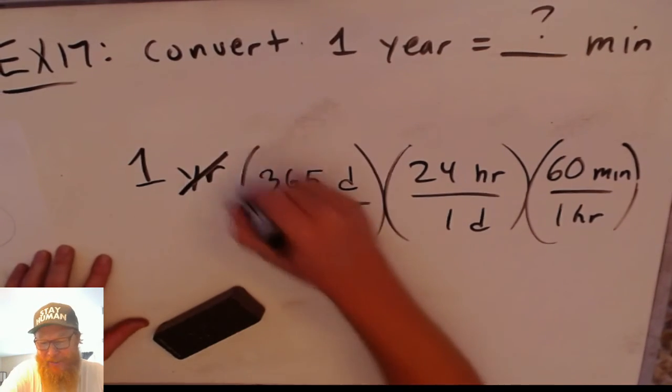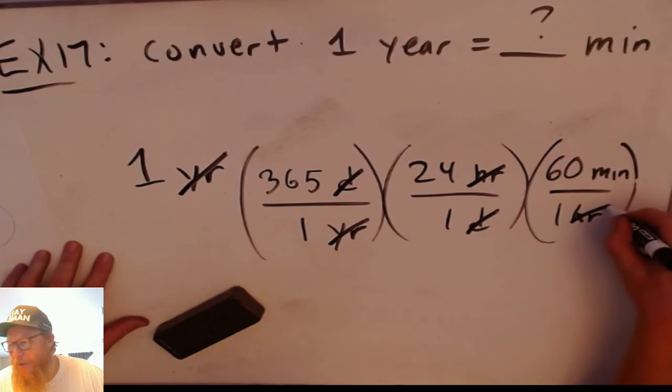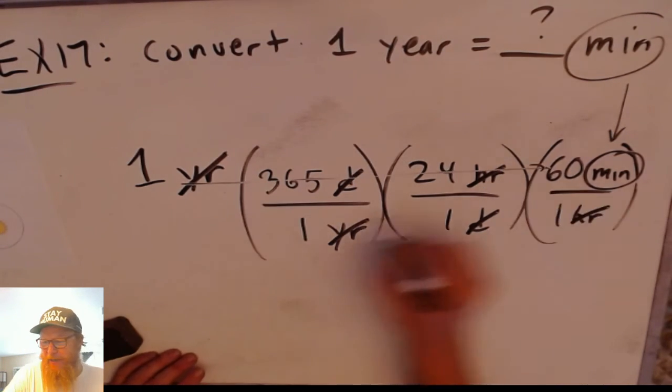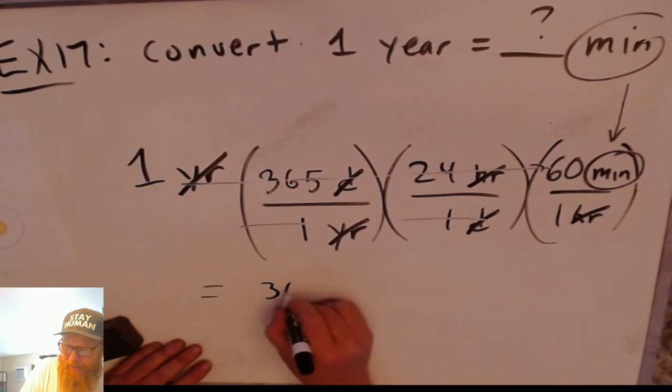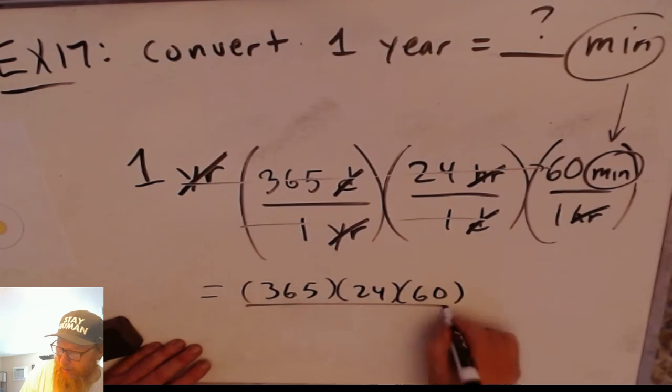So you're going to cancel off the years, cancel off the days, cancel off the hours, and your goal is minutes. And just multiply straight across. So it's 365 times 24 times 60 all over 1.